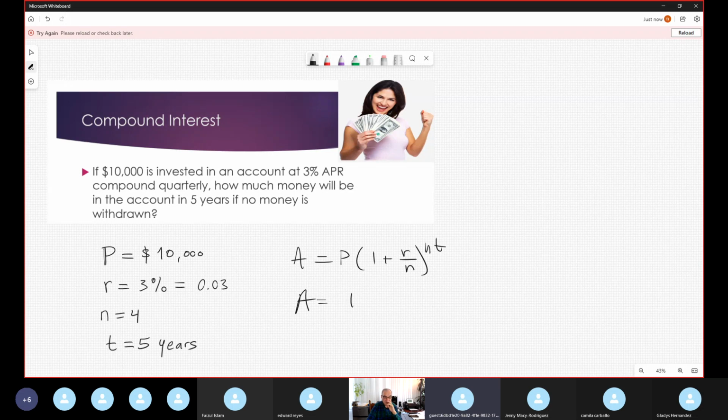Future value equals $10,000 times (1 plus 0.03 divided by 4), raised to the product of n and t. n is 4 and t is 5, so the exponent is 20.